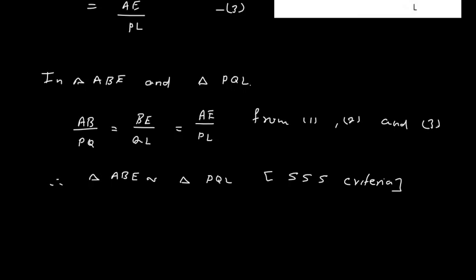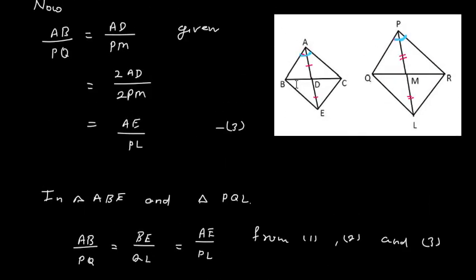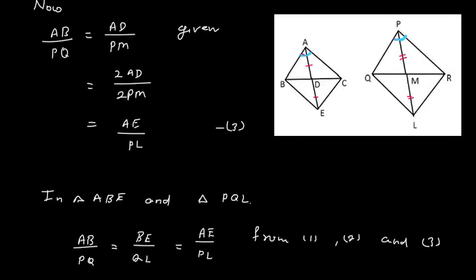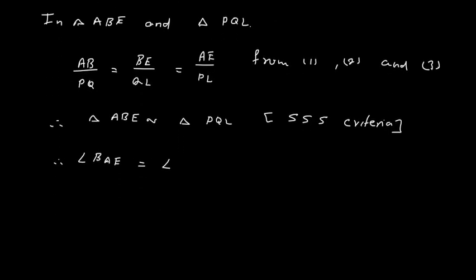Now these two triangles are similar, therefore their corresponding parts, that is angle BAE, is equal to angle QPL. The reason here is corresponding parts of similar triangles. I will consider this as equation number 4.